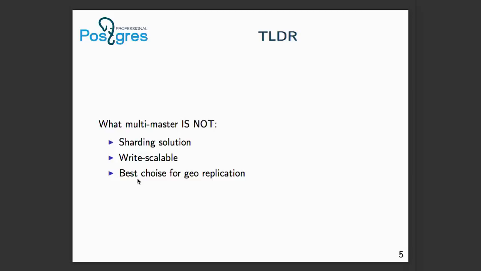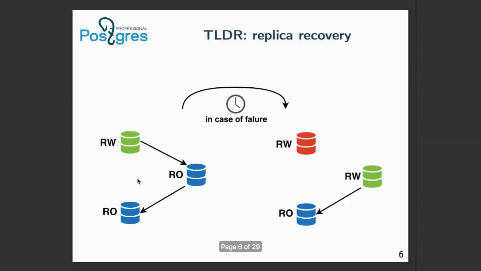It doesn't allow conflicts, and that's why it will increase the latency of commit a lot if you are doing geo replication with this solution. Probably for geo replication, it's better to use something like BDR, if you can force your application to use BDR.